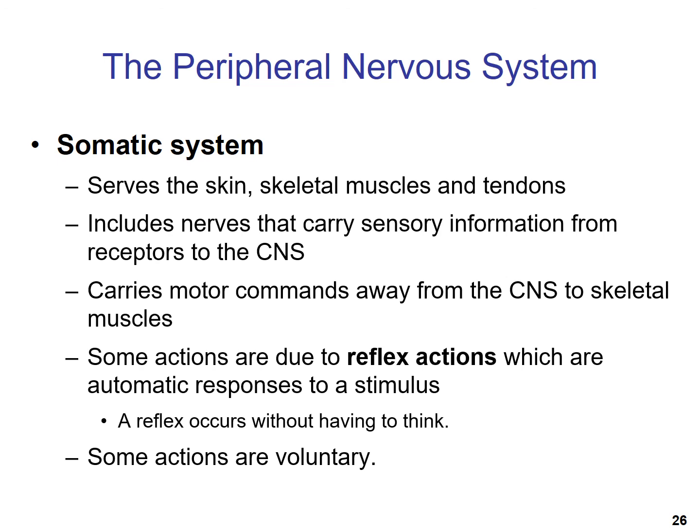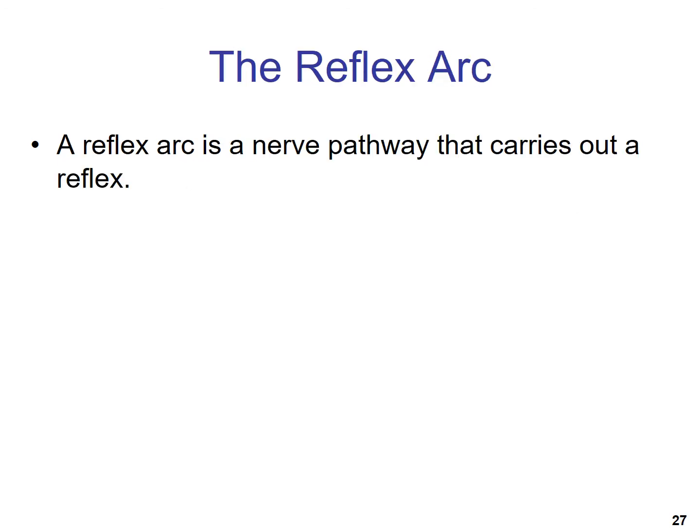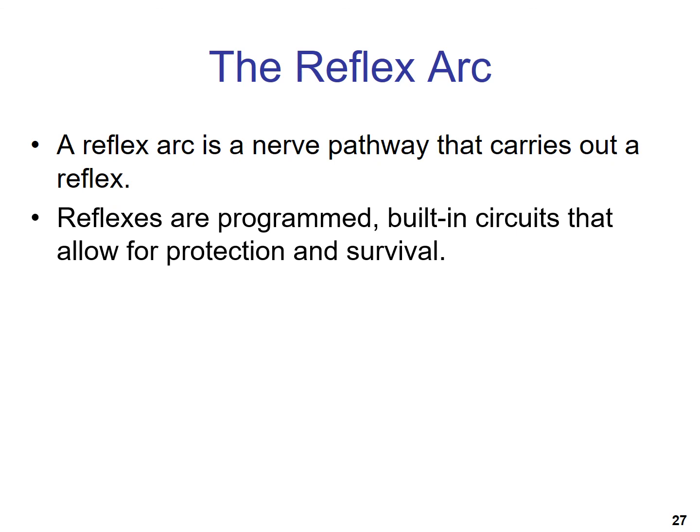Okay, some of the actions of the somatic system are voluntary. So let's take a look at a reflex arc. This is a nerve pathway that carries out a reflex. So basically they're programmed, they're built in, you don't have to think about it, they're hardwired in. They allow for protection and survival. So I mentioned jerking your hand away from a hot surface.